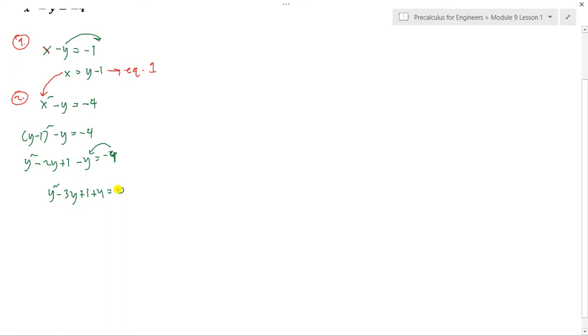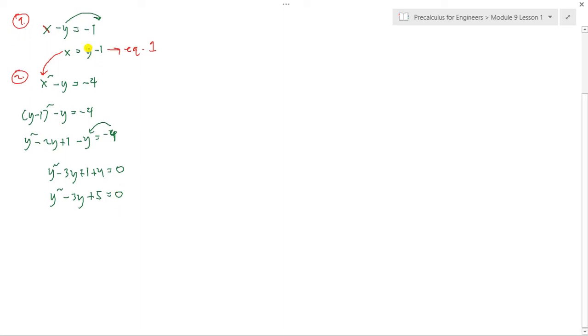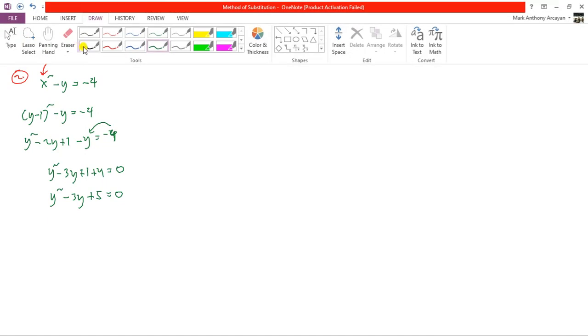Simplifying further, we have y squared minus 3y plus 5 is equals to 0. Para ma-verify nato if by chance ma-factor manually, now let's check its discriminant. I hope you remember the discriminant.